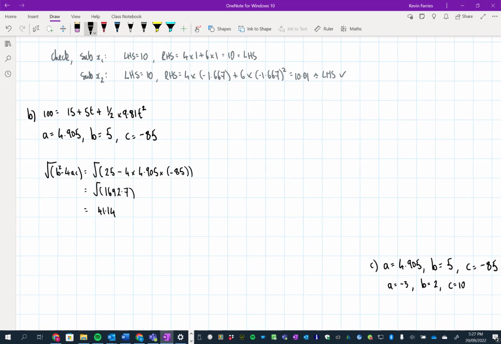So then we can go on to the equation now. The solutions are x equals negative b plus or minus the square root of b squared minus 4ac, over 2a.